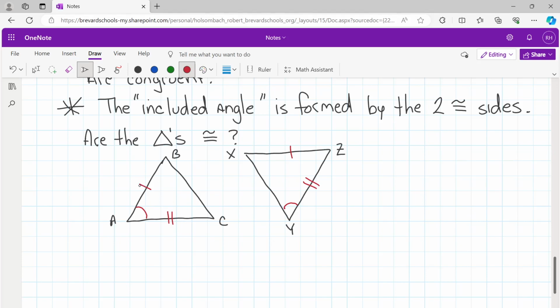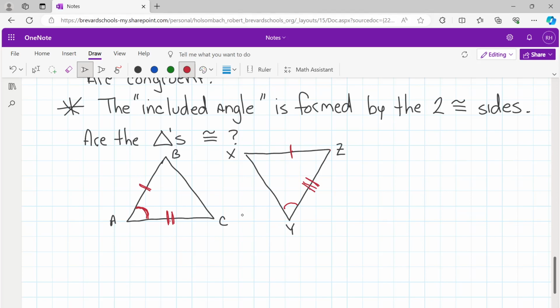Do you see how we had the two sides that are congruent, that the angle that's touching them both is the congruent angle? And over here on the right, we have a side and a side. But this angle that's congruent to the triangle on the left, it's not between the two congruent sides, is it? So that is called a non-included angle. So to use this postulate, you need a side, included angle, and a side congruent to a side, included angle, and a side.